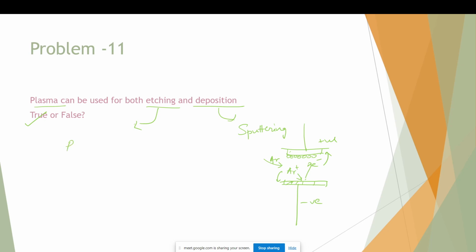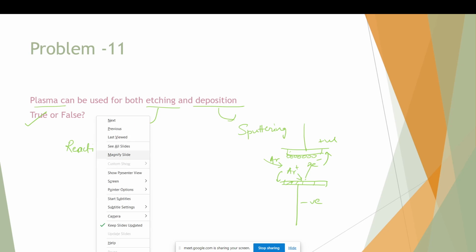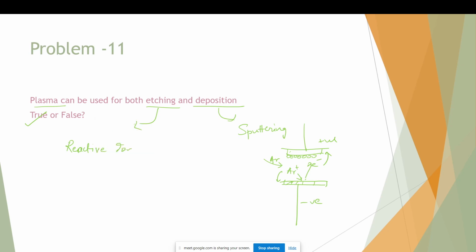Similarly, for reactive ion etching, this is a dry etching technique in which again we can have such electrode-like things.